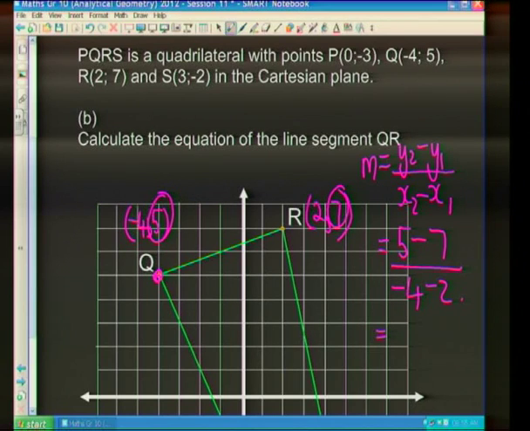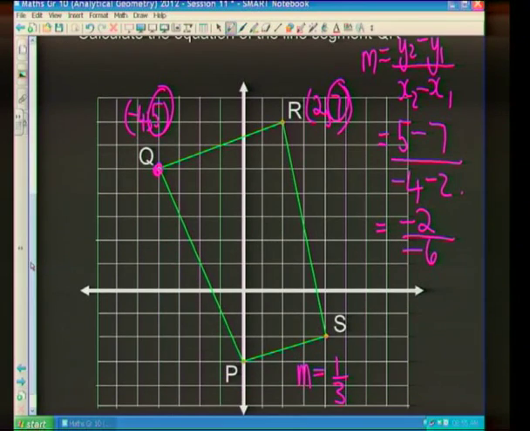Right, so that gives me -2 over -6. And -2 over -6 can be simplified to 1/3. So the gradient of QR is equal to 1/3.